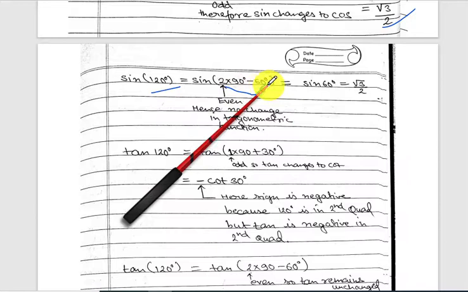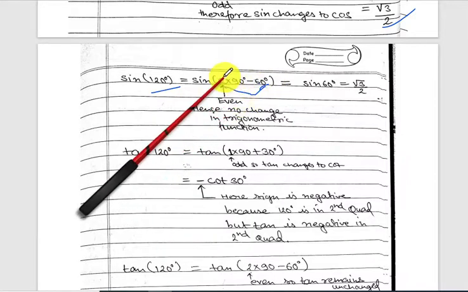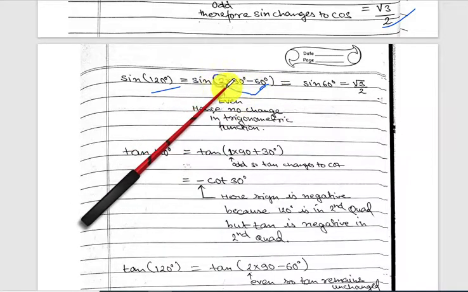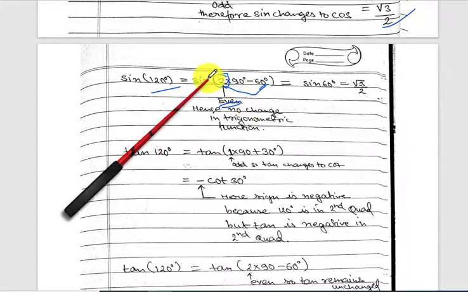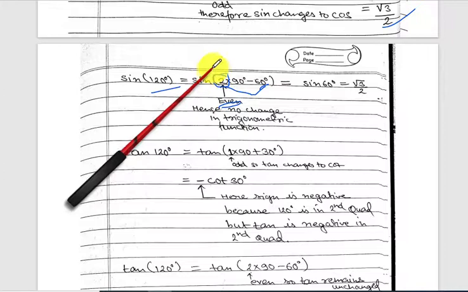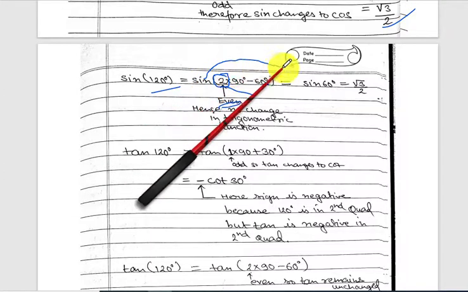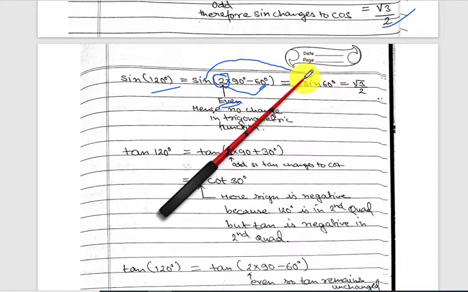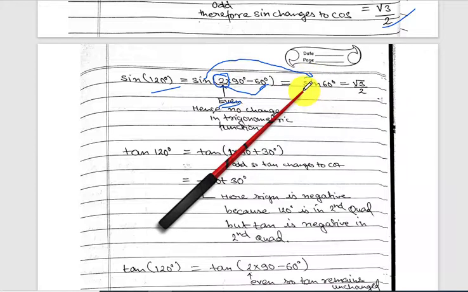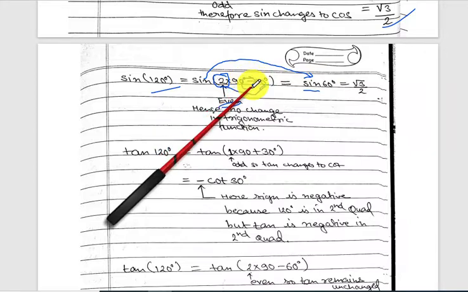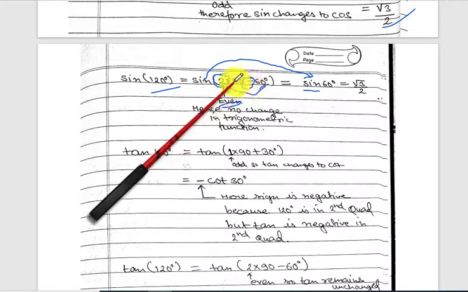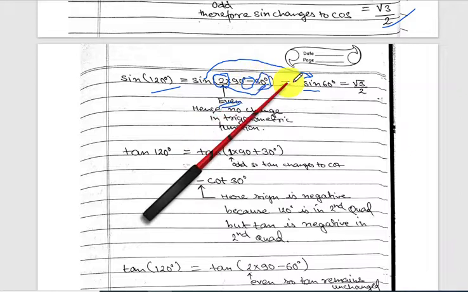Here you see this integer is even, so sine will not change to cos; it will remain unchanged. So we will copy sine only, and as I said, no matter what sign you have over here, you copy this part, so you write 60.